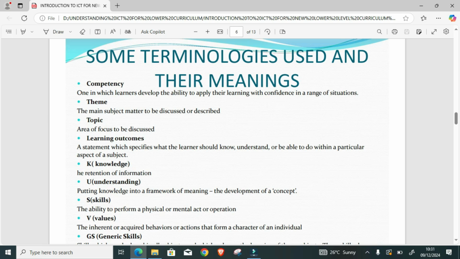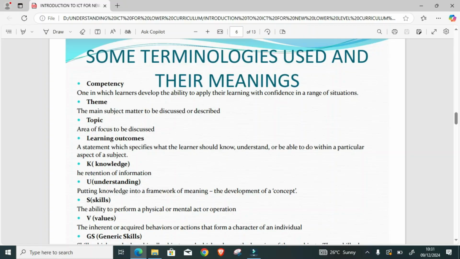In the O-level syllabus, we have some terms that we are meant to understand before we go into it. Some of them we are going to see abbreviated, for example, learning outcomes as L, K for knowledge, V for values, U for understanding. So you are supposed to also get the meaning of such information.